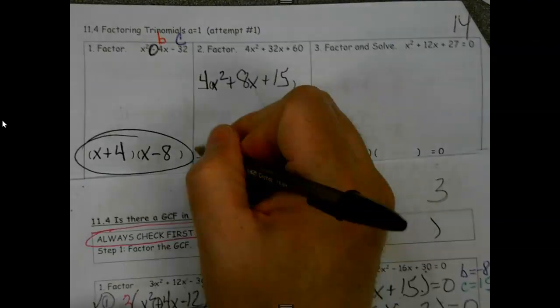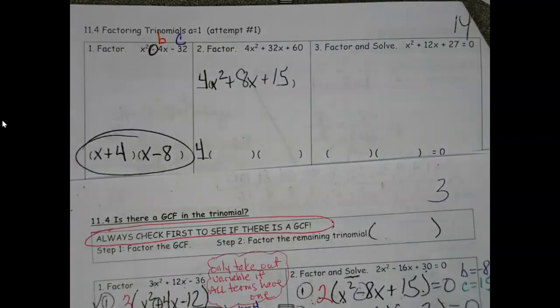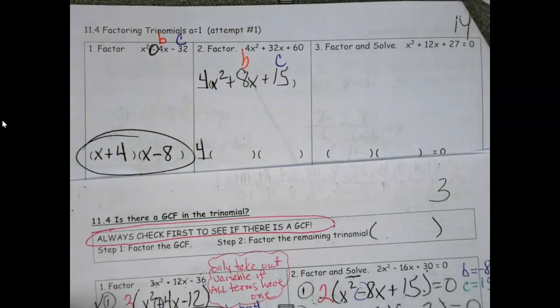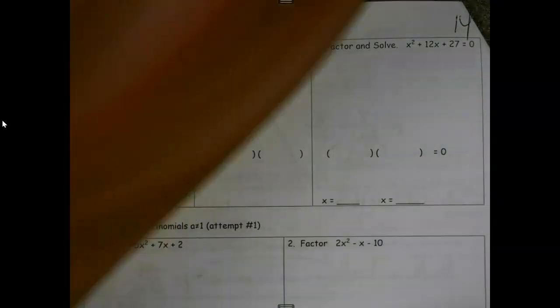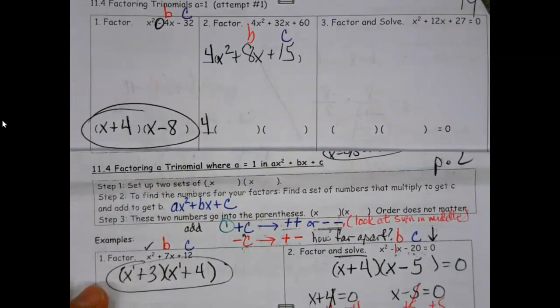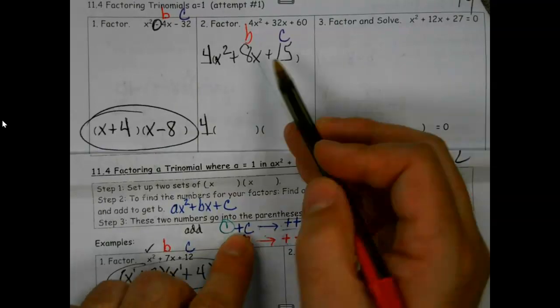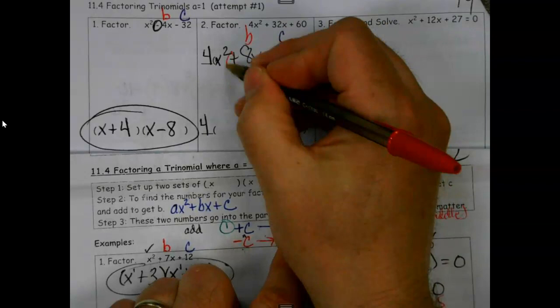So my only job left now is to factor this the same way I did the first one. There's C. There's B. So again, I think back, if I need it, but if I've been practicing as much as we should be, I'm not going to need to worry about it. This is plus, which means they're both this sign.